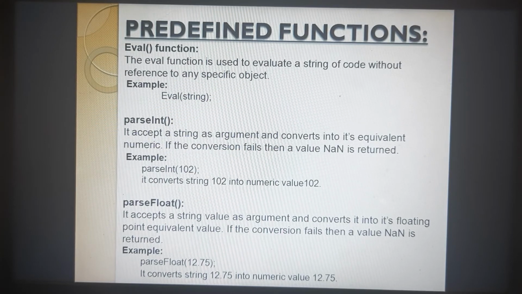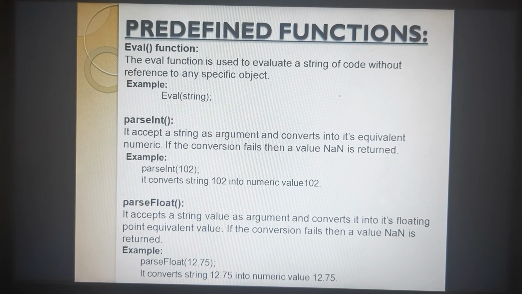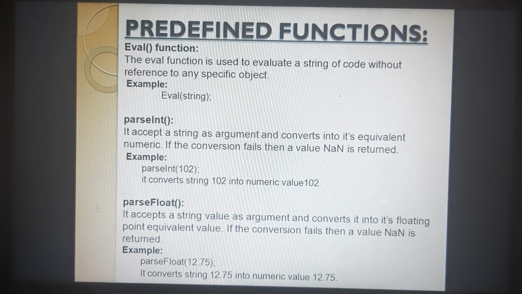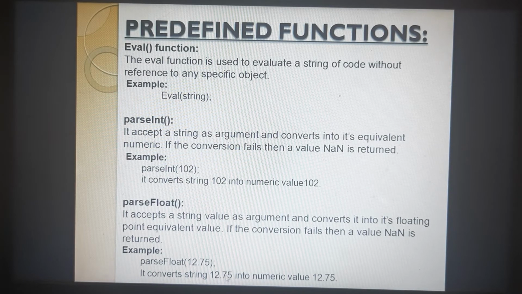It may be numeric, it may be a symbolic value, it may be a string value. Whatever value we input is accepted only in the form of string, and thereafter we need to convert it into either integer form or float form with these functions. Now parseFloat 12.75, 12.75 is a string value, and it is converted into a float value.